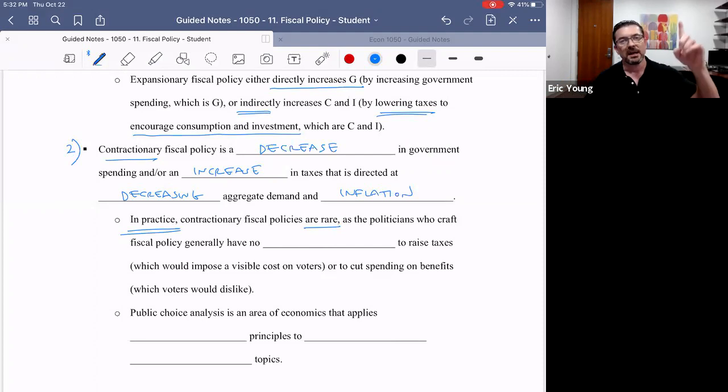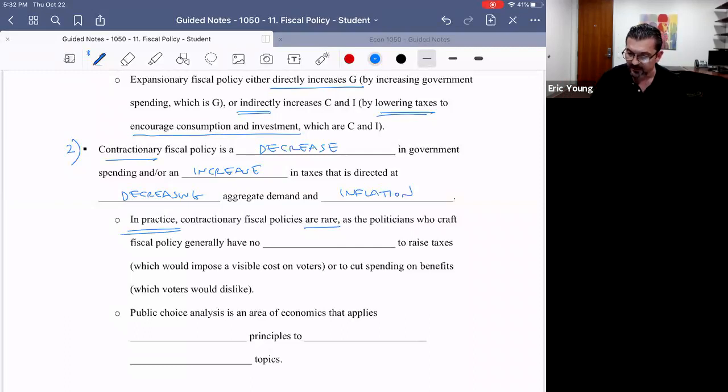Cut spending, increase taxes. Both of those, you can imagine, would be extremely unpopular with voters. Nobody wants to pay more tax, and nobody who receives a form of benefit wants that benefit pulled away. So most people would reject politically and in the ballot process contractionary policies.